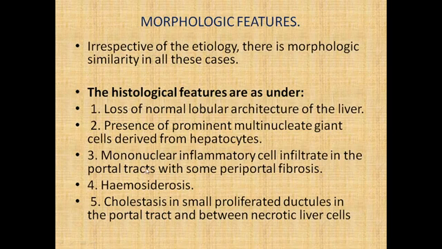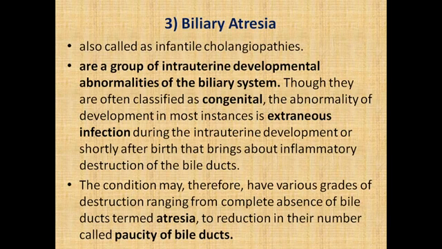Mononuclear inflammatory infiltrate in portal tracts and some periportal fibrosis is there. Hemosiderosis is there. Cholestasis in small proliferated ducts in the portal tract and between necrosed hepatocytes is there. These are the common morphological features in all forms of neonatal hepatitis, either metabolic, infective, or idiopathic.